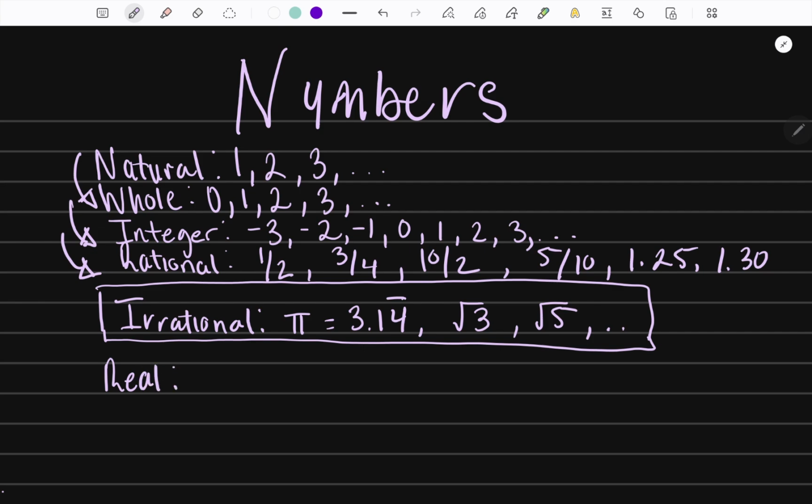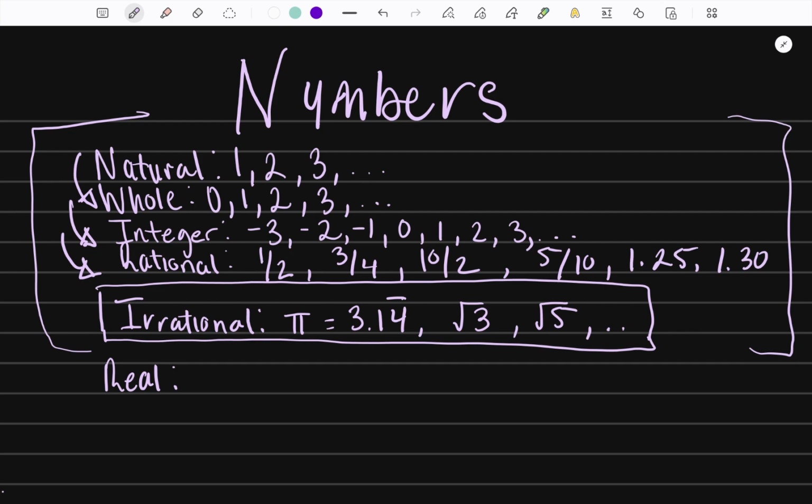And as you can imagine, real numbers is everything. Real numbers can be whole numbers, natural numbers, negative numbers as an integer, rational as in fractions, decimals, and irrational numbers. So pi is considered a real number.